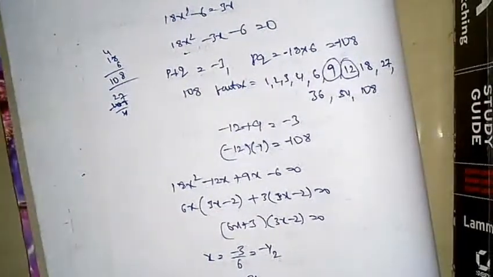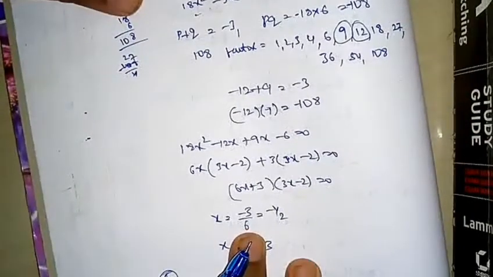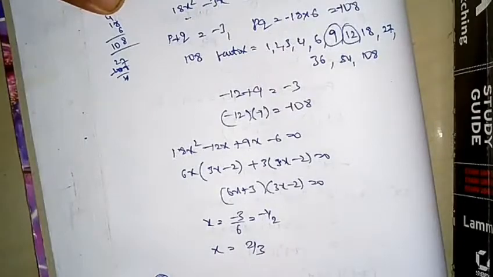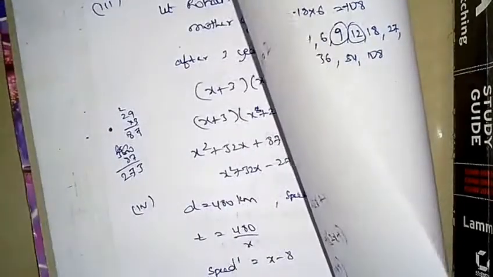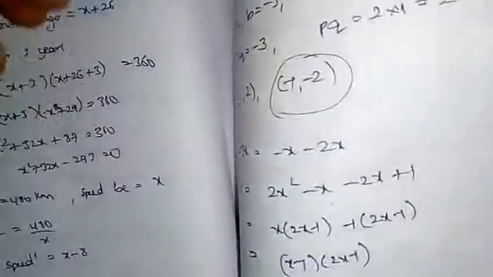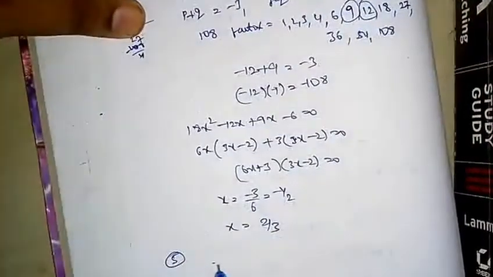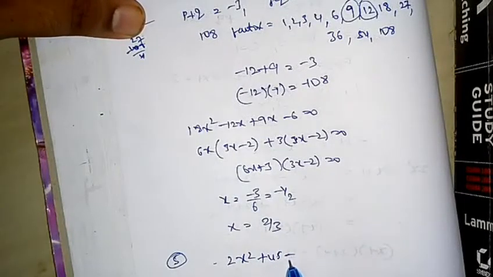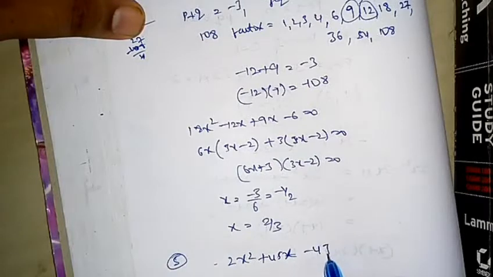Next, fifth example. Find the width of the space for spectators discussed in section 5.1. In section 5.1 about Cocoa Court, we got one equation which is 2x square plus 45x minus 47 is equal to 0.